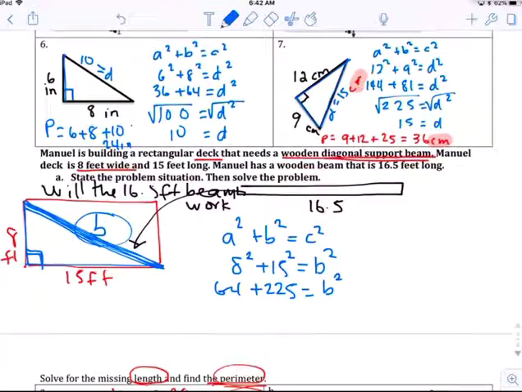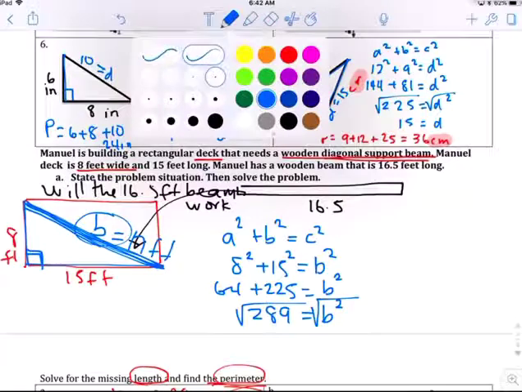So that is 289 equals the beam squared. Take the square root of that. So the beam, if you take the square root of this, needs to be 17 feet.